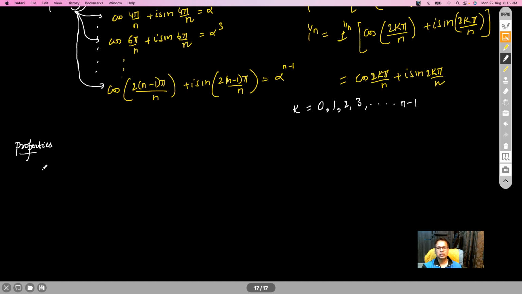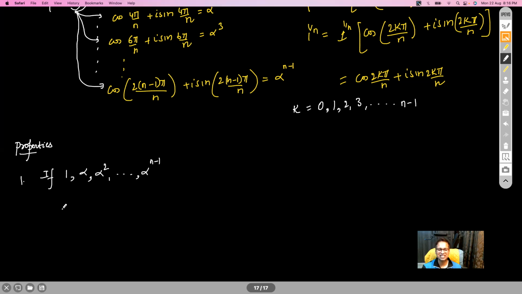Okay. So first property is, if alpha is a, let me write it like this. If 1, alpha, by the way, the question setters will not be so kind-hearted that they would write it like this.